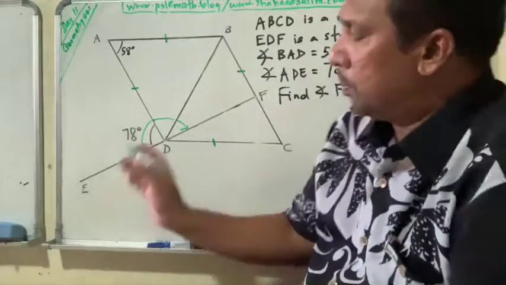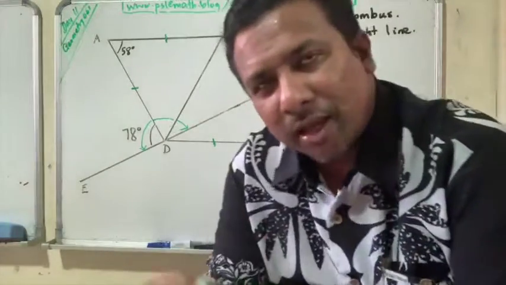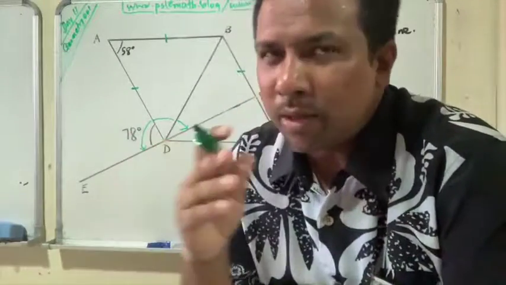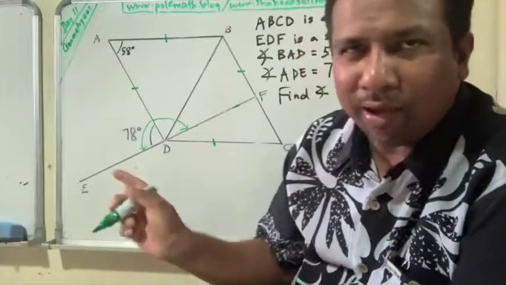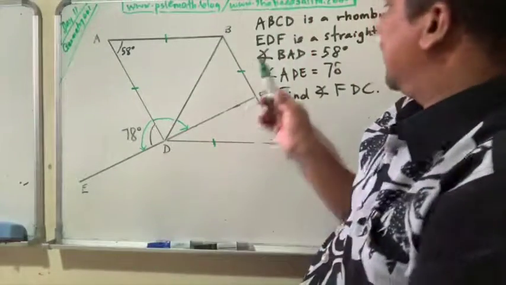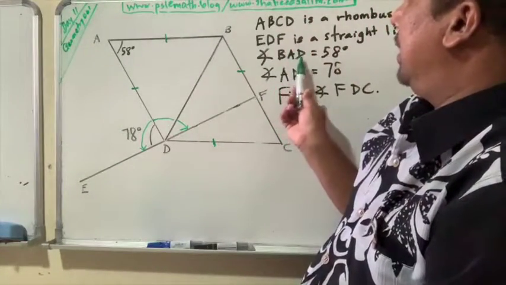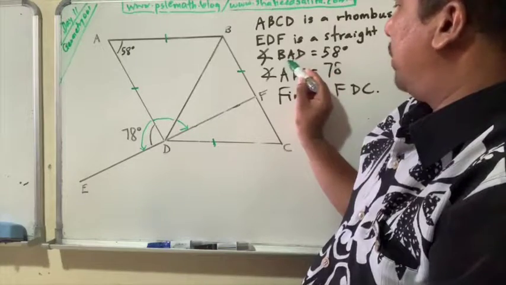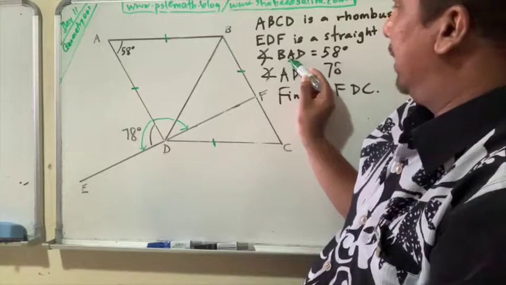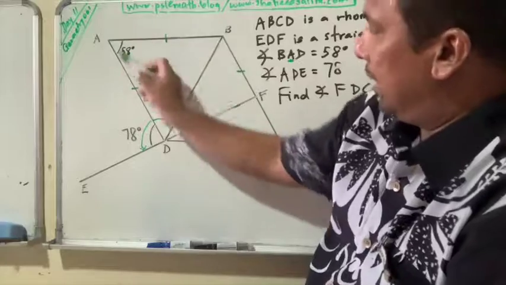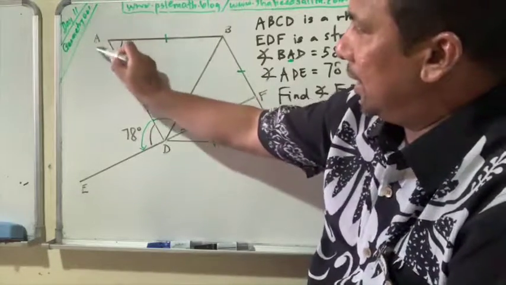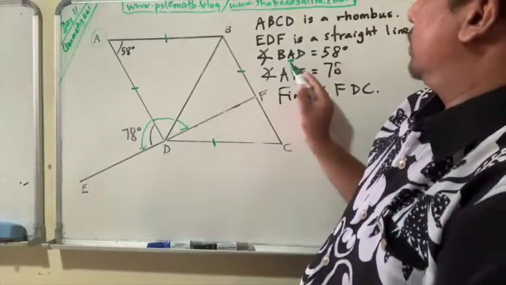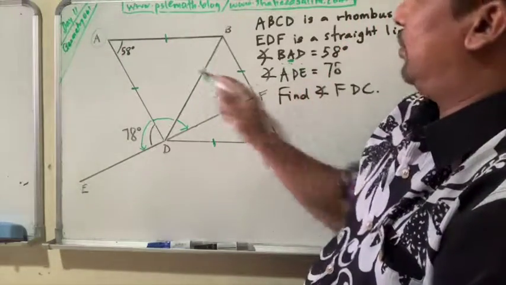Before we proceed further, because this is our first question on angles, I want to make sure that you understand how to identify or label an angle. So let us see. Angle BAD. We are not referring to the center part, we are referring to angle A. So BAD, where's the angle? The angle is at A here. So angle BAD is 58 degrees.